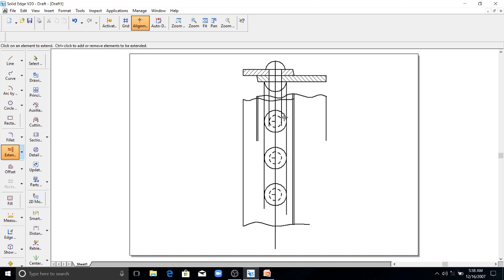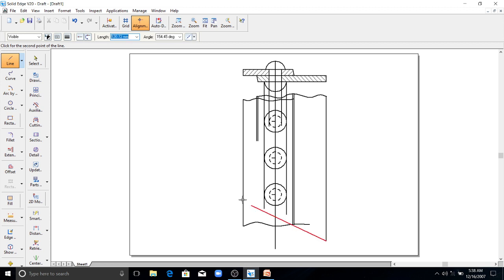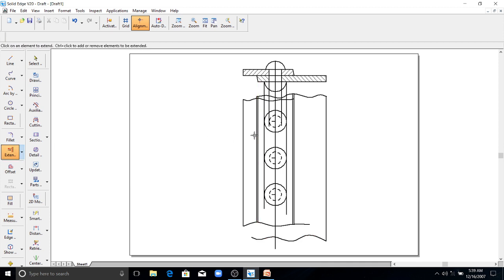You extend this. Now you extend this. The remaining portion you erase it.